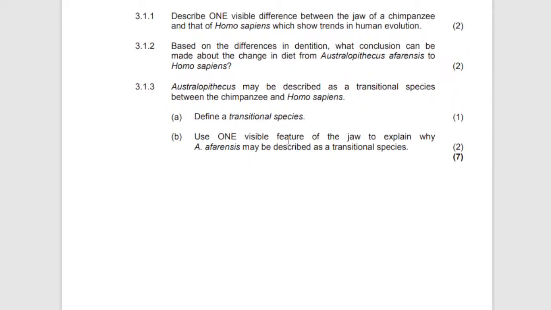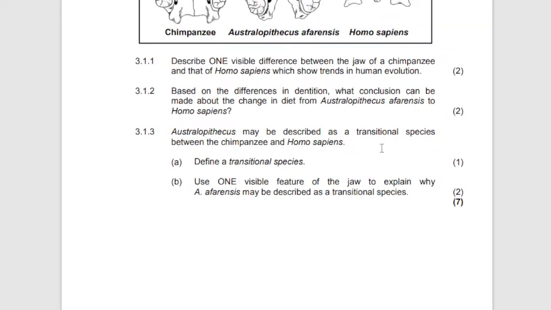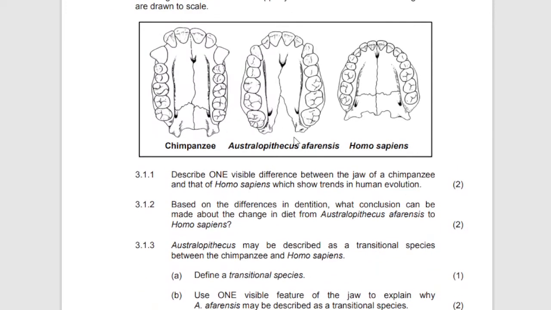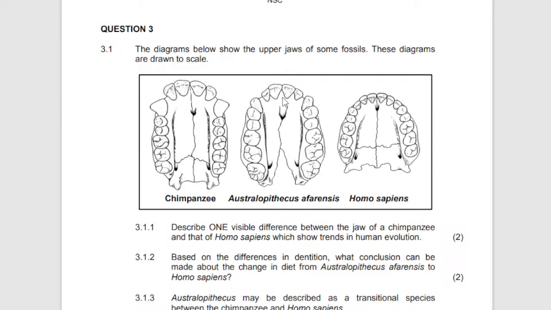Use one visible feature of the jaw to explain why afarensis may be described as a transitional species. So why do we explain this? Look at this one characteristic. You can talk about the shape. It's not as round as this one of the human, but it's not as rectangular as this.